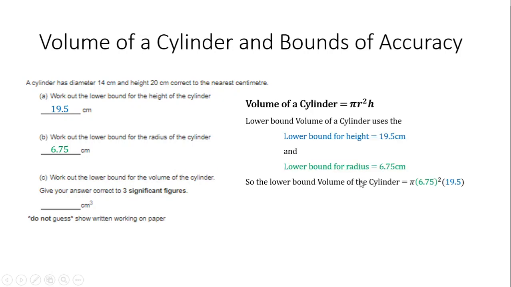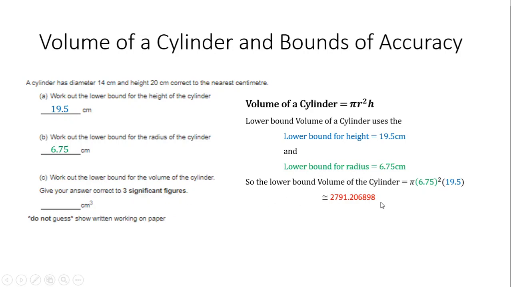So the lower bound for the volume of the cylinder is pi times r, which is 6.75, squared, times the height, which is 19.5. Working that through, that gives you approximately this amount. See that I've had to round that because whenever I multiply by pi, I get an irrational answer. And I'm asked to round to 3 significant figures.